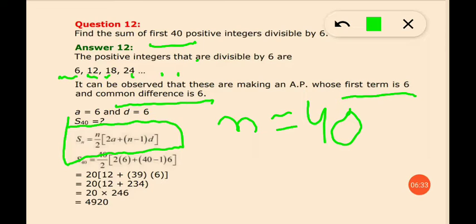After substituting the values and solving, we will get the sum as 4920. Got it? In the same way, you have to solve questions 13 and 14. You try question number 13 and question number 14 on your own.